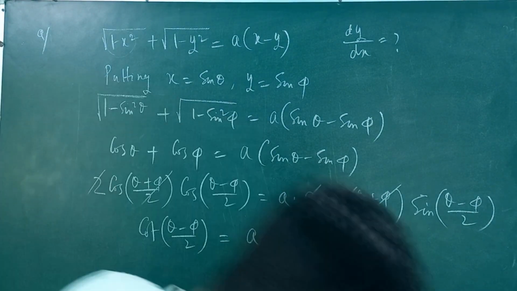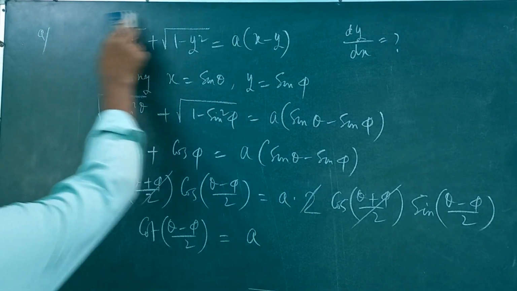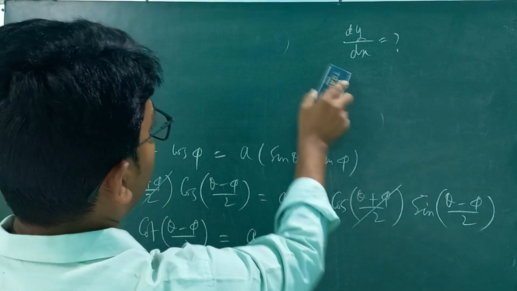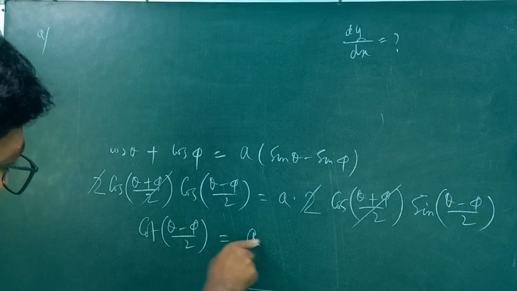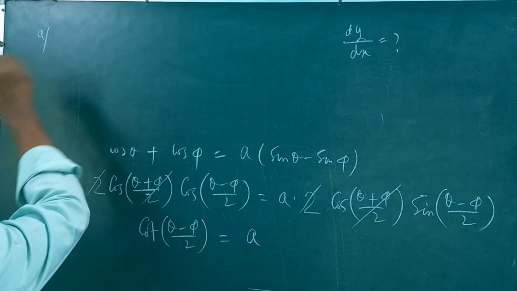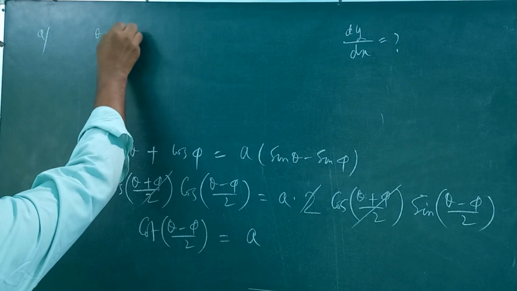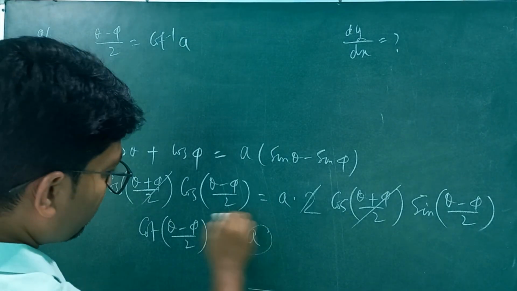Now then also we are not doing our derivative. We convert this cot to the right side. So what we will get? (theta minus phi)/2 equal to cot inverse of a, because this one is constant.